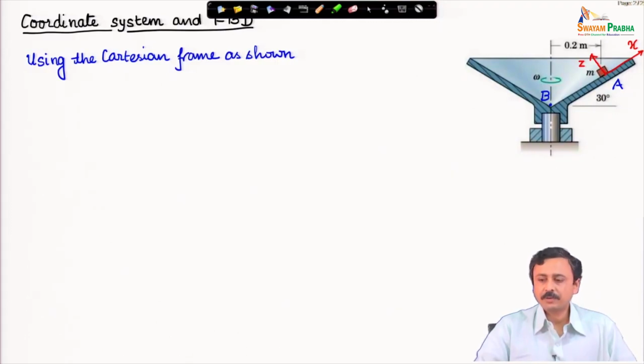I have taken x axis along the plane upwards, z axis perpendicular to the plane upwards, and y axis therefore must be perpendicular to the plane of the screen and into the plane.